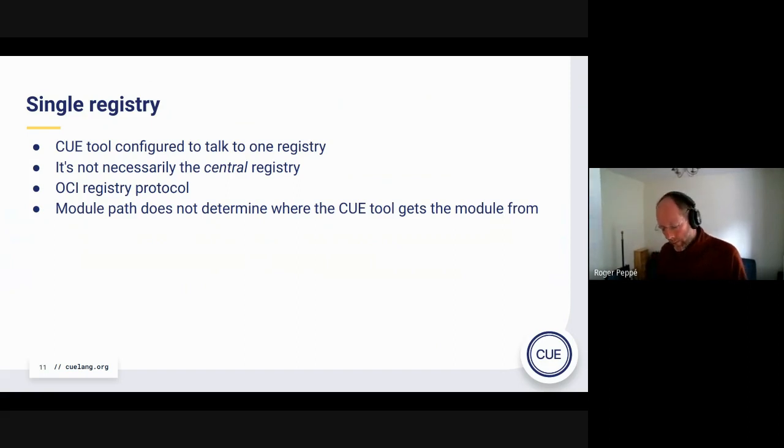The Q tool is going to the registry and asking for that thing which is in the registry. Now that might represent where on the internet it came from originally, or it might not. But there's this level of indirection between your import path and where this thing comes from, and that indirection is implemented by a registry instance that you talk to.